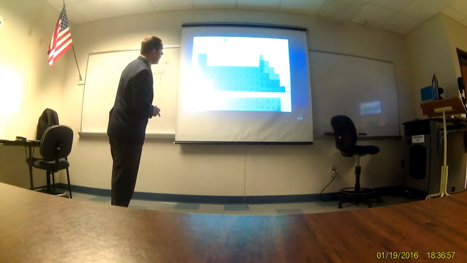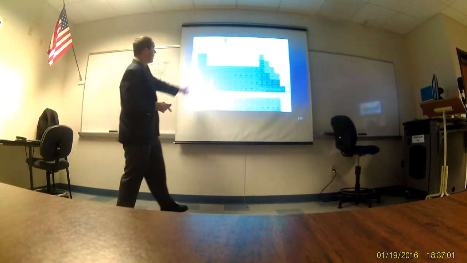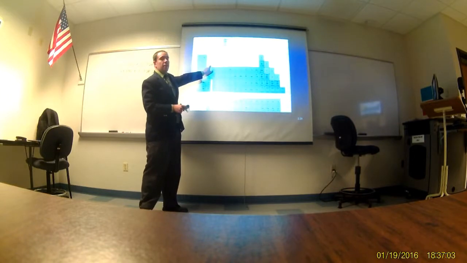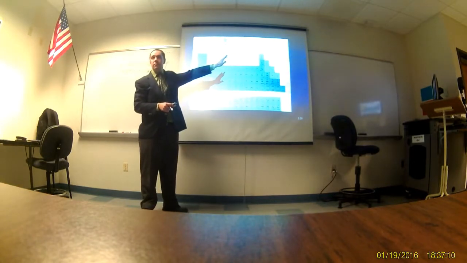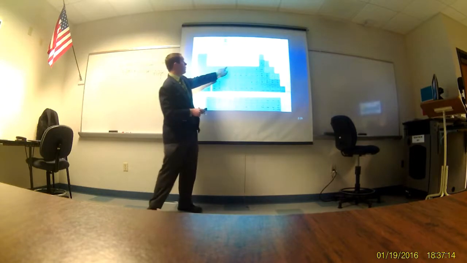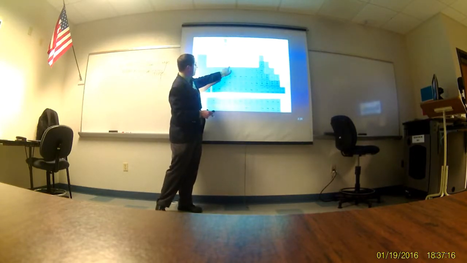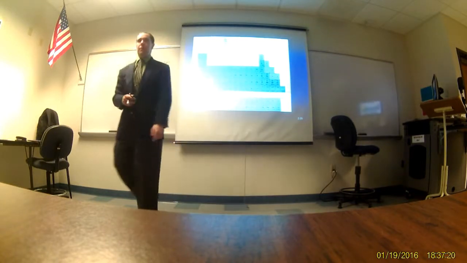Five, six, 7, 8. To be honest, I never use the Greek ones. I just use the numbers. There are 18 columns, 1 through 18. I honestly don't know why it goes 7, 8, 8, 8, 1B, 2B.